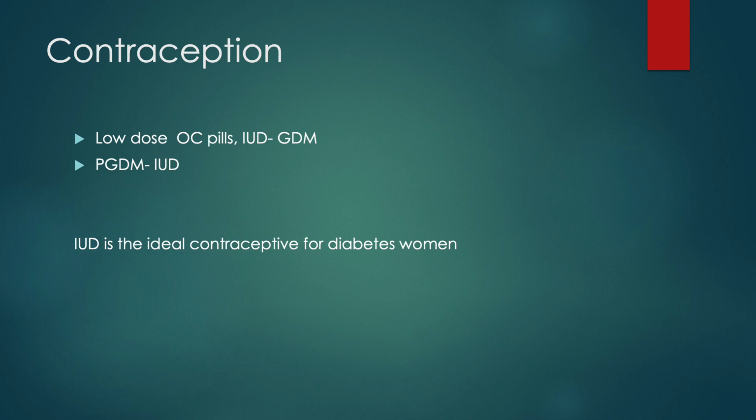There is no contraindication for a low dose combined oral contraceptive pill, or you can opt for an intrauterine device in a GDM patient. For a pre-gestational diabetic patient, there is more chance of thromboembolism, so the preferred contraceptive is the intrauterine device. So overall, for a diabetic woman, the intrauterine device is an ideal contraceptive.